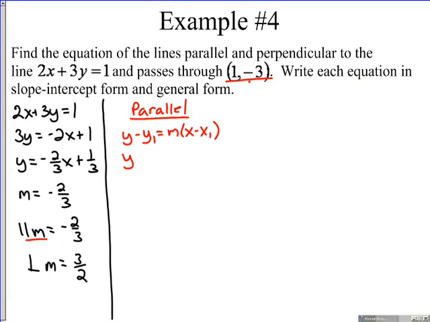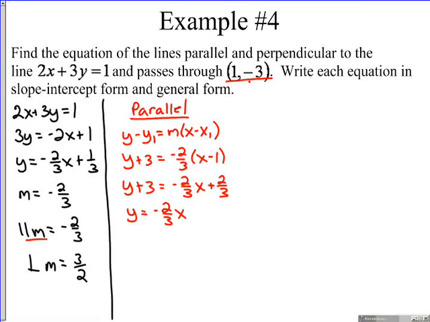We get y plus 3 equals, our slope that we're using is negative 2/3 times x minus 1. Subtract the 3 over. 2/3 minus 3 is negative 7/3. There's our equation in slope-intercept form.